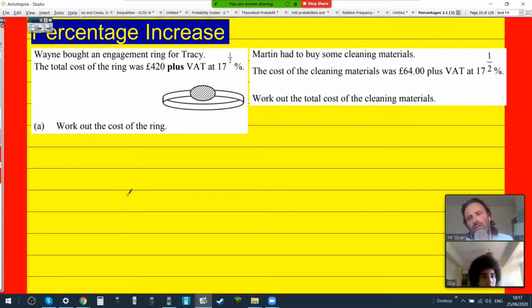Any idea about this one? With the ring. Is that calculator or non-calculator? This one is non-calculator.